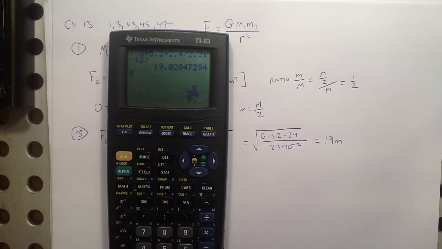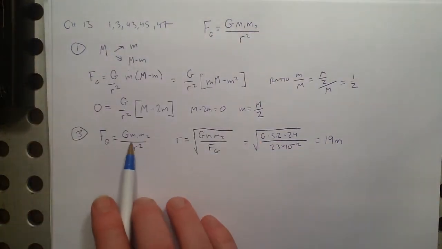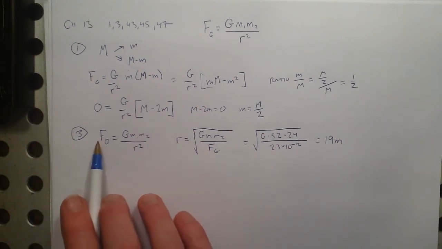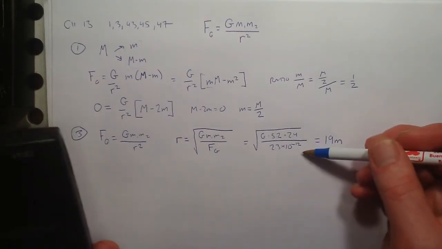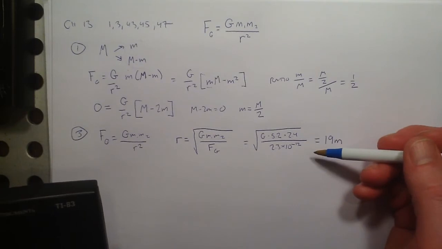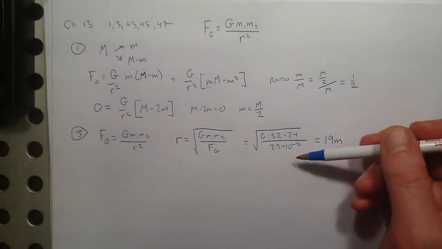And I'm looking at the answer in the book, and it does not agree with that. So I'm going to see, what did I do wrong? Let's see. Make sure I solve that equation right. G m m over r squared. I move that over here. Put my gravitational force there. G m m over gravitational force.